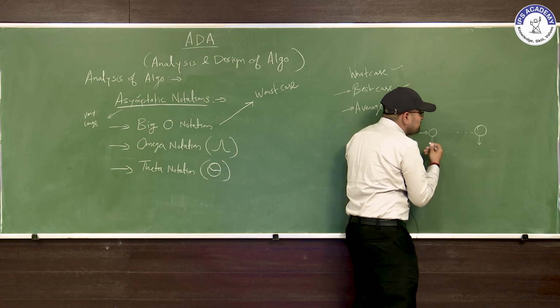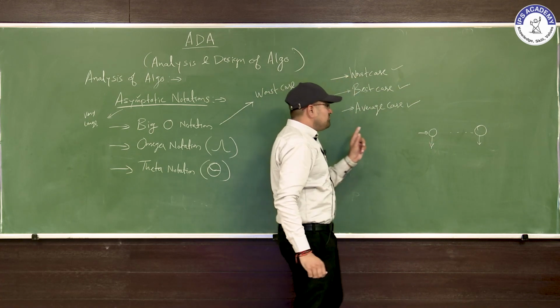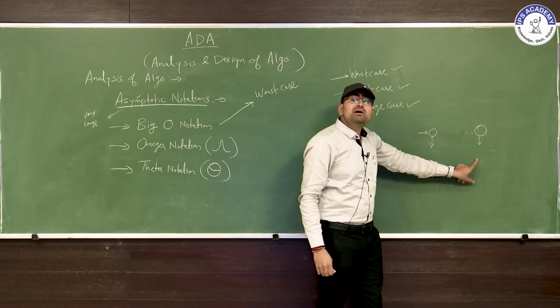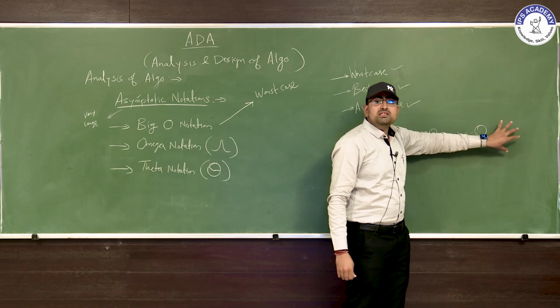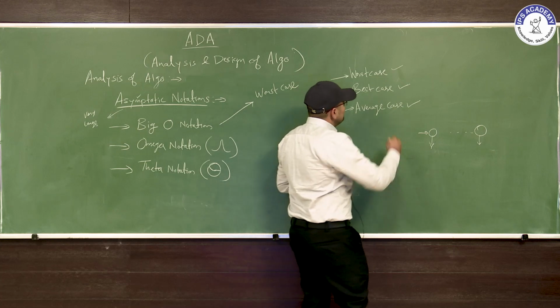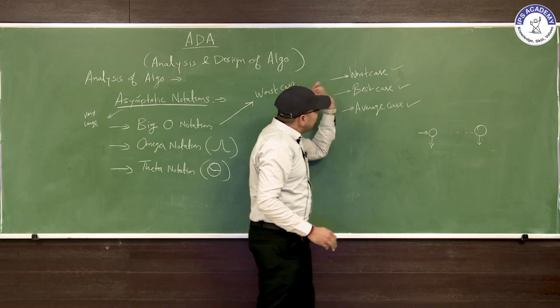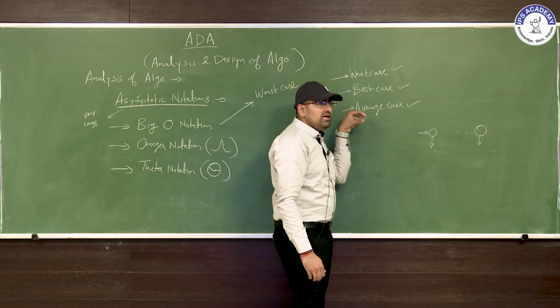In that case we would be unlucky, and that would be the worst case, because we would be comparing all the n-1 objects to find that single object among the n objects available. So these would be the different cases. Every algorithm can have all these cases: worst, best, and average.